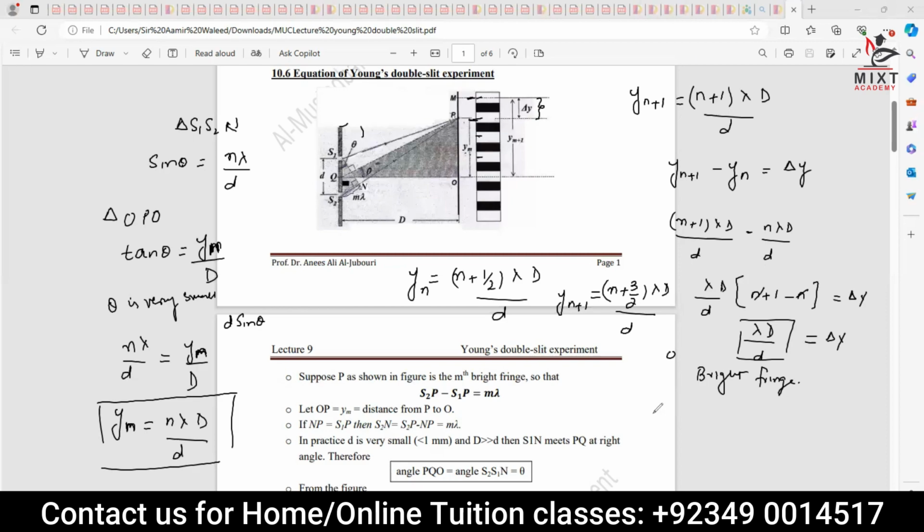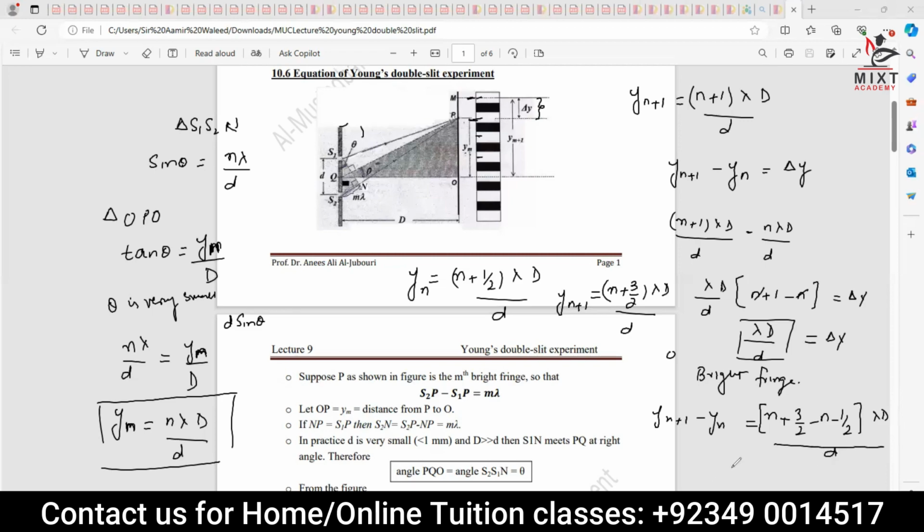Same thing you do, yn plus 1 minus yn, and that will be what? You will consider this as n plus 3 by 2 minus n minus 1 by 2, and you have lambda D upon d.